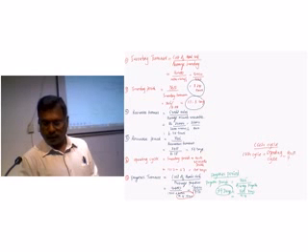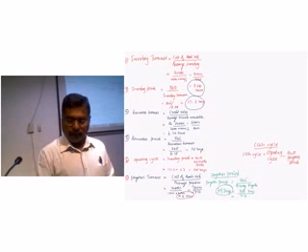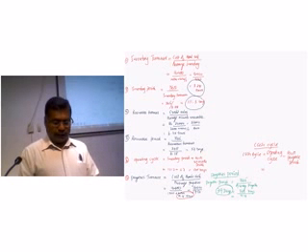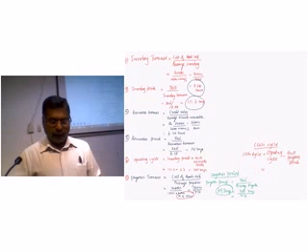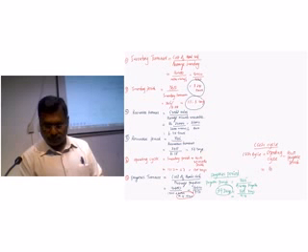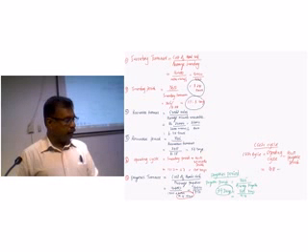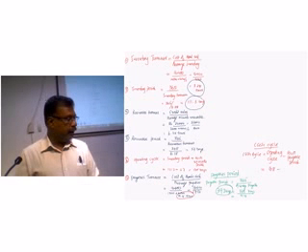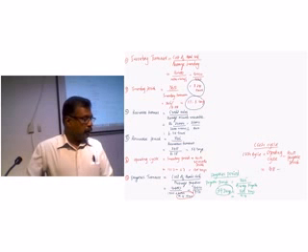Cash cycle is equal to operating cycle minus accounts payable period. We have calculated operating cycle in our example.